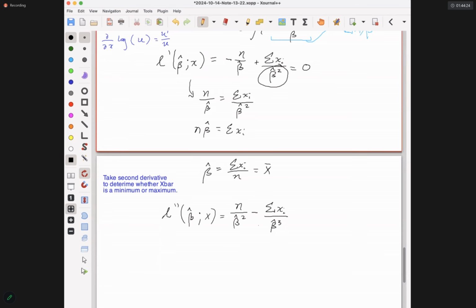And actually, this should be a negative 2 here, not a negative 1. And so we bring the negative 2 out front, and we reduce the degree on beta hat. And so beta hat goes from beta hat to the negative 2 to beta hat to the negative 3. Does that make sense?